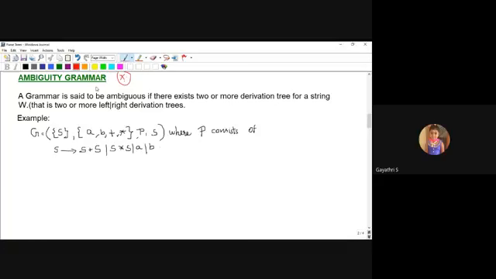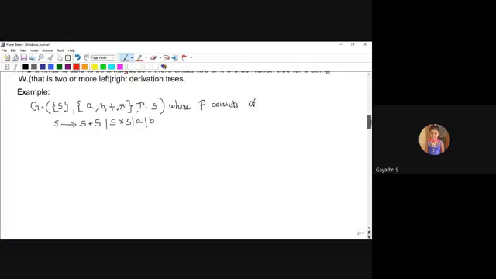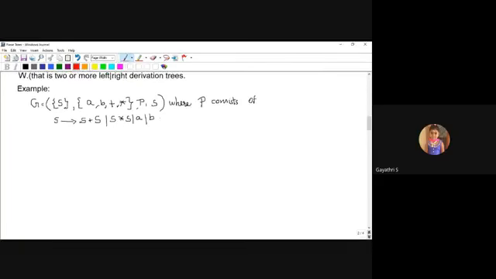These are the production rules. First, we will try to draw the left derivation tree. Since no string is given here, I will choose the string A plus A multiplying with B. This grammar is nothing but the basic arithmetic operations of plus and multiplication. So this is the string I have chosen.